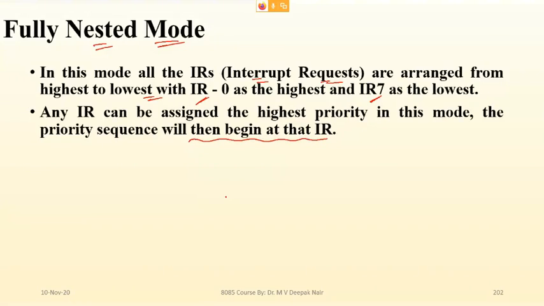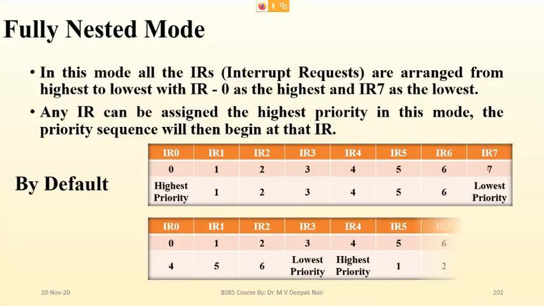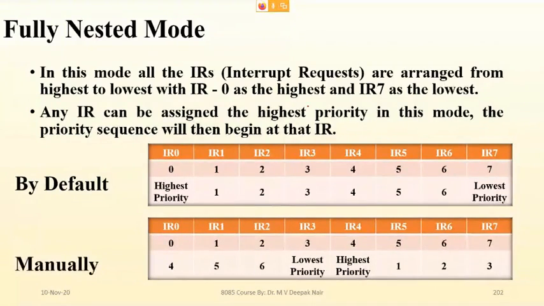So first you will arrange them. Let us see how we arrange them. By default, IR0 is the highest priority, then 1, 2, 3, 4, 5, 6, 7, which is the lowest priority. But in fully nested mode, you can change that priority level also.